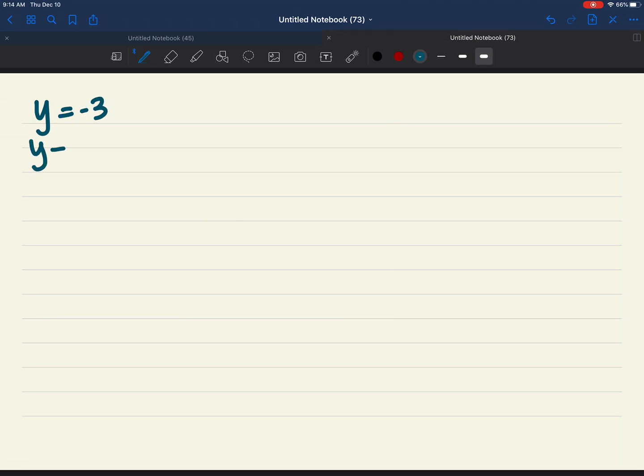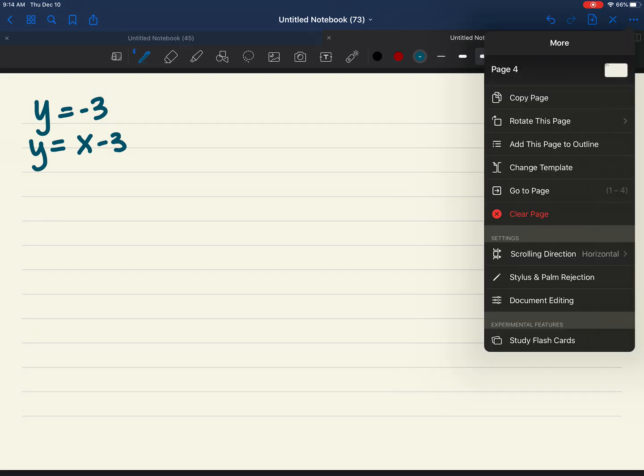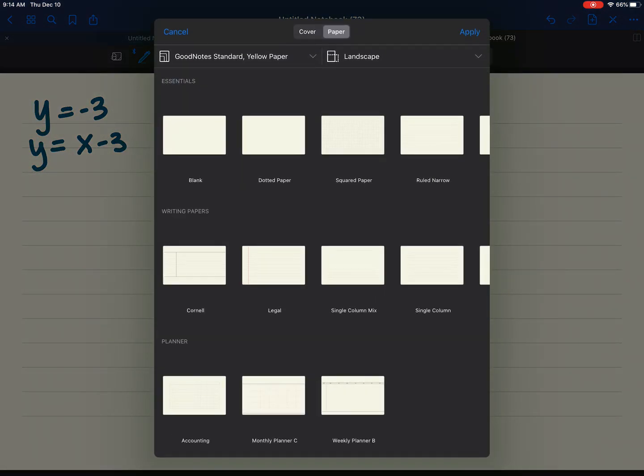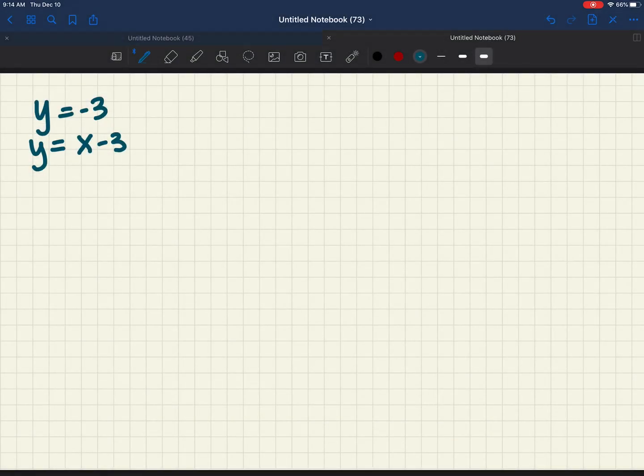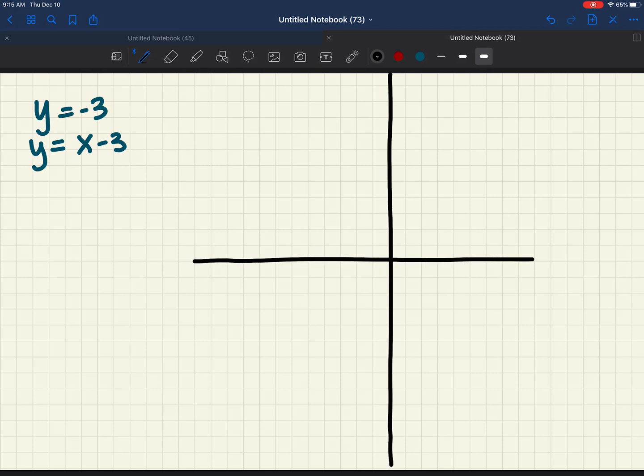We're going to do y is equal to negative 3 and y is equal to x minus 3. Okay, can anyone tell me how you would graph y is equal to negative 3?